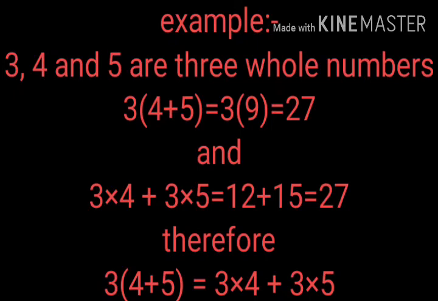And 3 into 4 plus 3 into 5 is 12 plus 15, which equals 27. Therefore, 3 into (4 plus 5) equals 3 into 4 plus 3 into 5. This is the distributive property, a into (b plus c) equals a into b plus a into c, under addition with respect to multiplication.